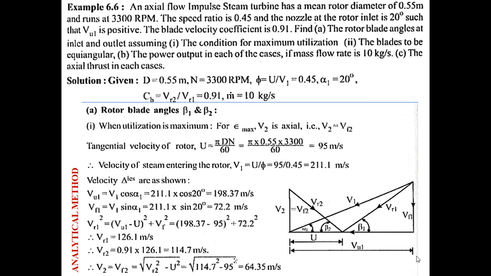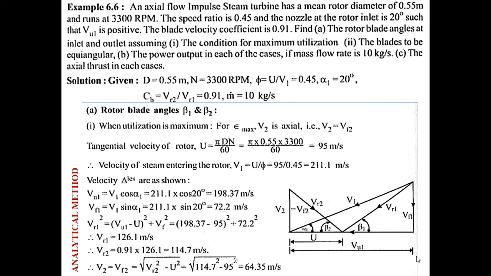First condition, for maximum utilization. Second condition, the blades to be equiangular. In this problem, for condition 1 you have to draw a separate velocity triangle if the utilization factor is maximum. Second condition, if the blades are equiangular, what is the velocity triangle?